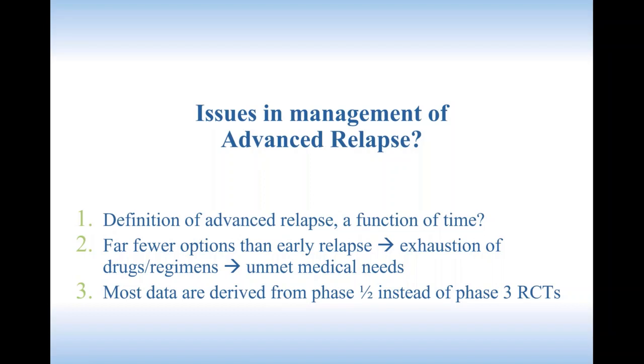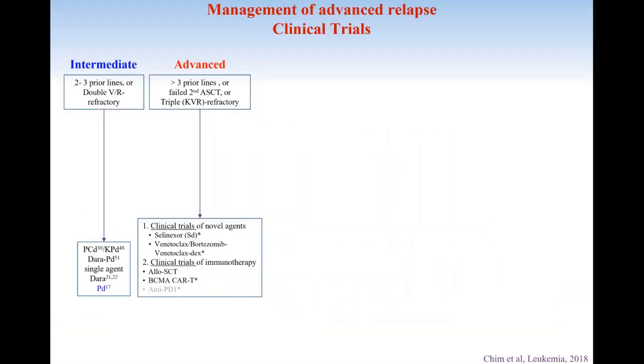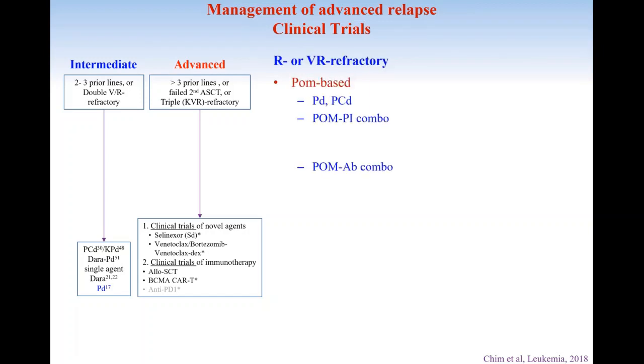So this is our algorithm that we summarized in a review in 2018. When we encounter patients with advanced relapse, usually they are already refractory to multiple agents, including proteasome inhibitor and also lenalidomide. So in that case, you may consider, for the lenalidomide-refractory patient, a pomalidomide-based regimen. And pomalidomide you can combine with a PI or antibody.